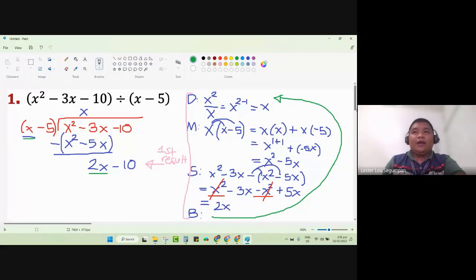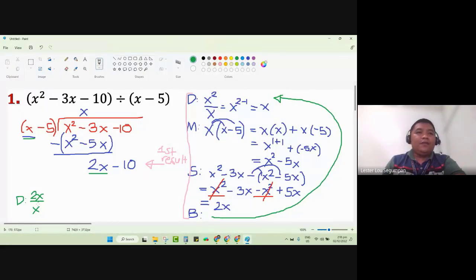So let's find out if it can still be divided using the second round. You will have here division, 2x over x. First term to first term.